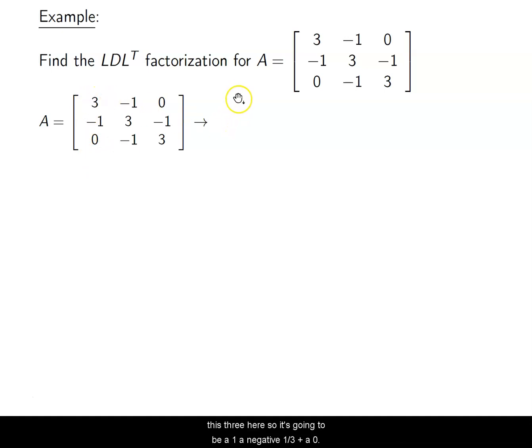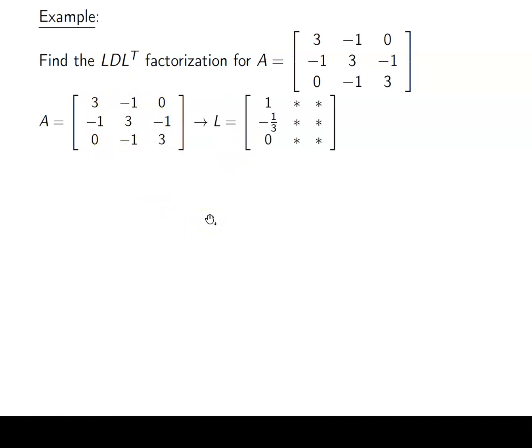So it's going to be a 1, a negative 1/3, and a 0, okay? The rest of these are unknown. So take this pivot position for this vector and divide all the values below it by the entry in that position, and that's going to be my first vector. Okay, so first one's always easy to get started on, right?